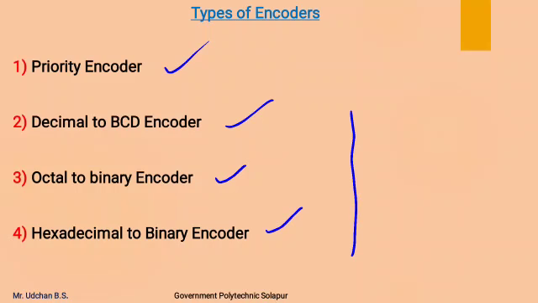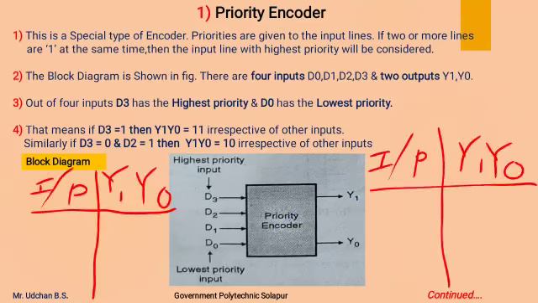Those are mathematical conversions, but here in an encoder a combinational circuit is to be designed so that a given number can be converted into another format. Now we will see them one by one.